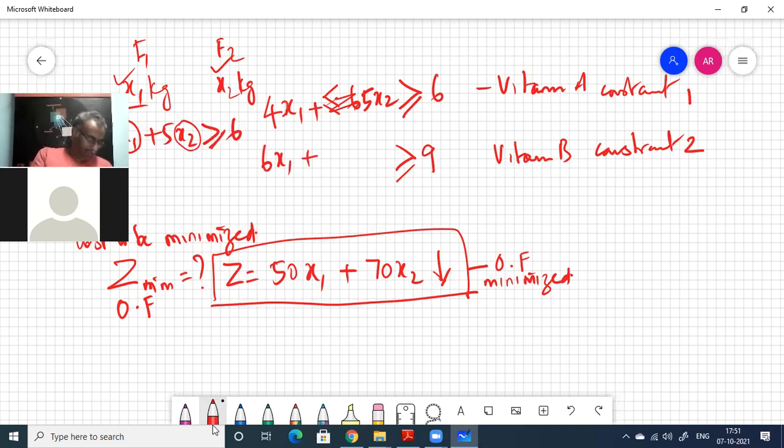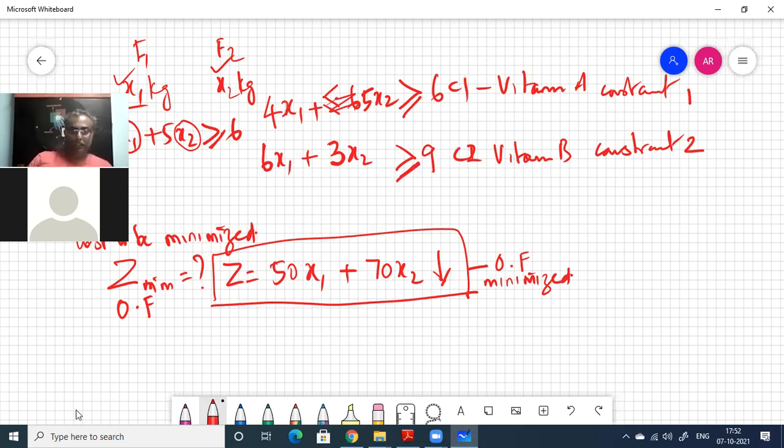And food F2 contains 3 units of vitamin B. So number of kgs into 6 units per kg, plus number of kgs into 3 units per kg of vitamin B. That should be greater than or equal to 9. Okay, so these are the constraints C1 and C2. This is C2, this is C1. Now you have to formulate the answer.